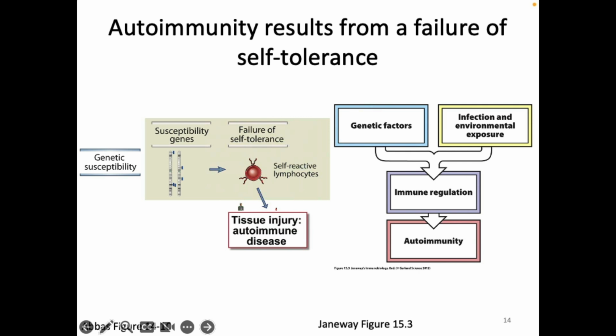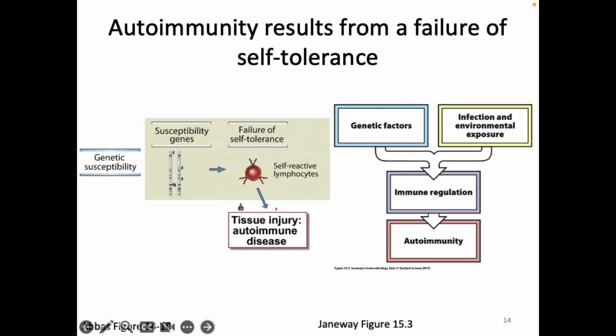But before I get there, I want to tell you some other things about autoimmunity. And so remember that big picture, we're thinking about autoimmunity as resulting from a failure of self-tolerance. And we've seen a lot of examples of environmental exposures or infection that may lead to changes in immune regulation and autoimmunity.